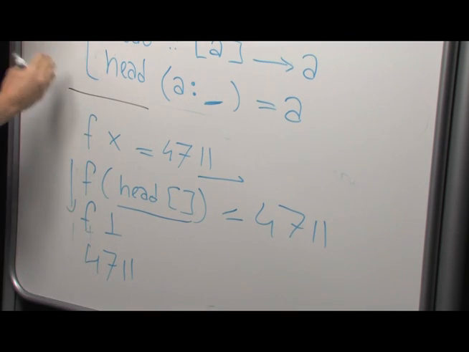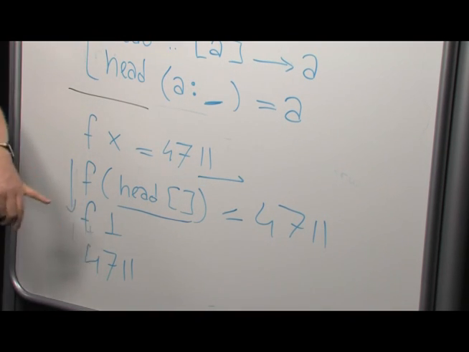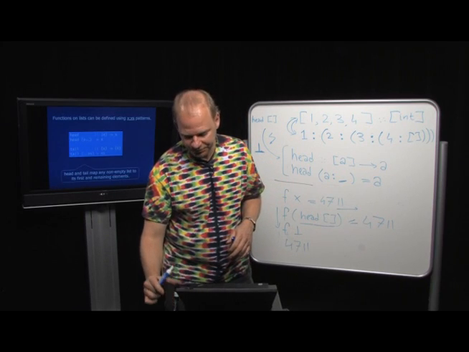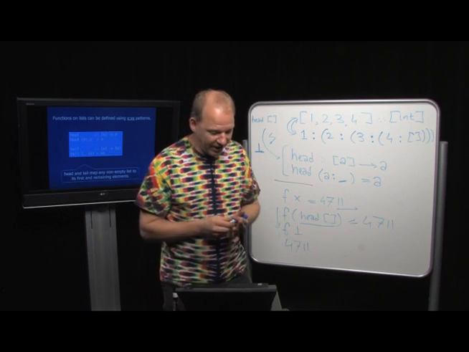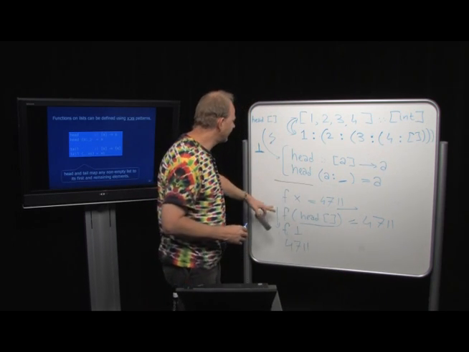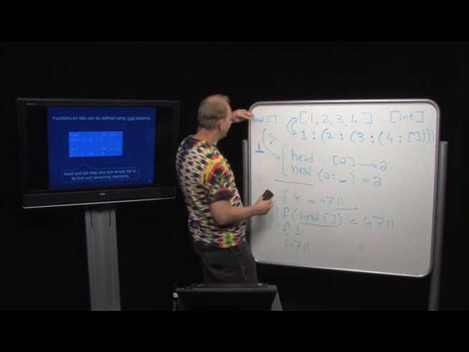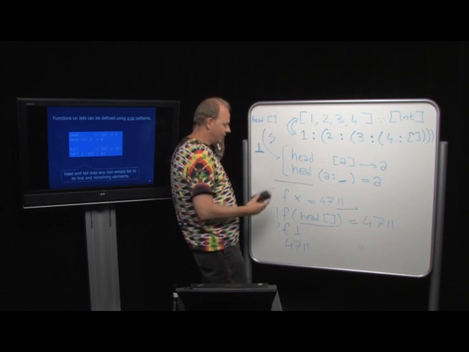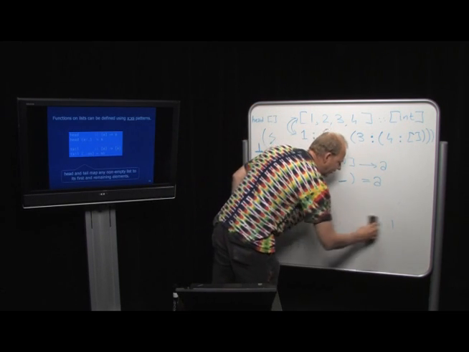But in this case, I can continue the evaluation without ever having to evaluate the head of the empty list. So again, it's all equational reasoning down here. So errors, think of them just as non-terminating computations.